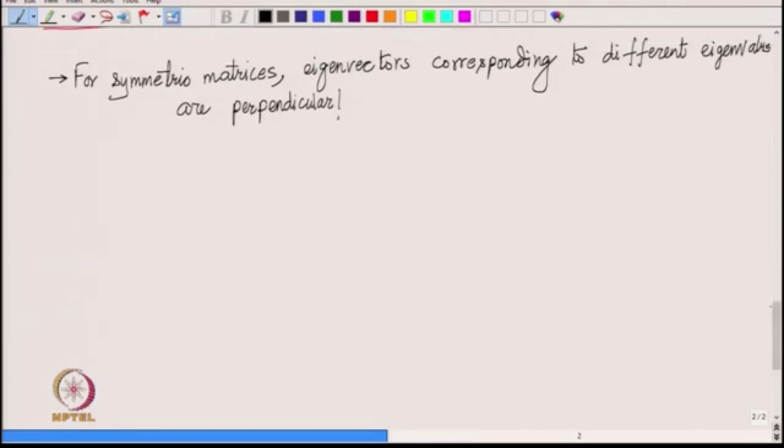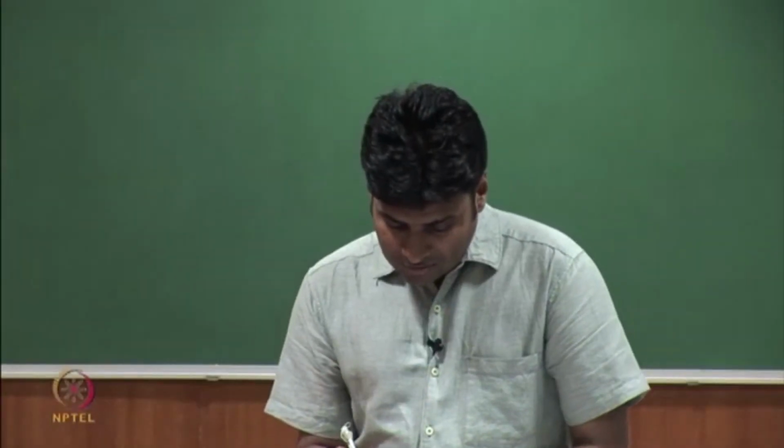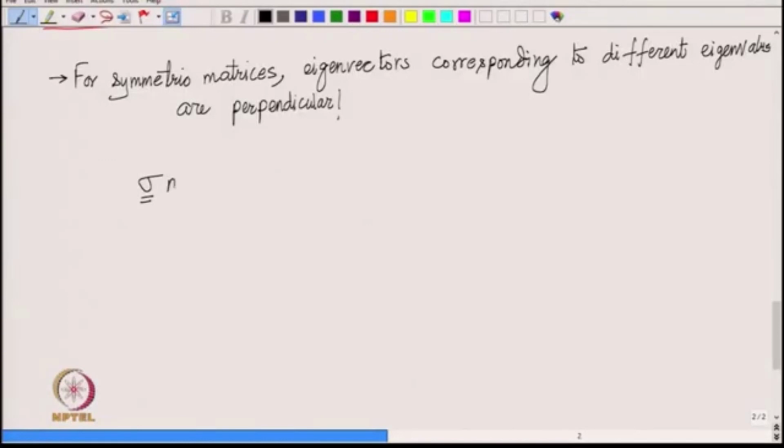So, suppose that n1 is the one eigenvector and n2 is the second eigenvector. So, sigma times n1 is then lambda 1 into n1, right, and the other one is sigma times n2 is equal to lambda 2 times n2, where lambda 1 and lambda 2 are different.